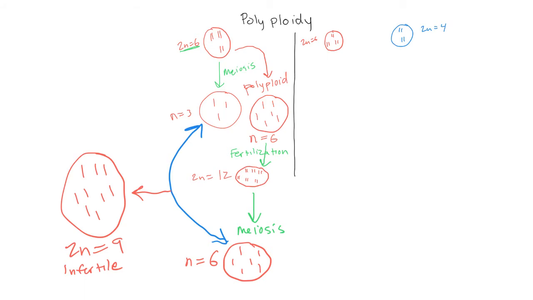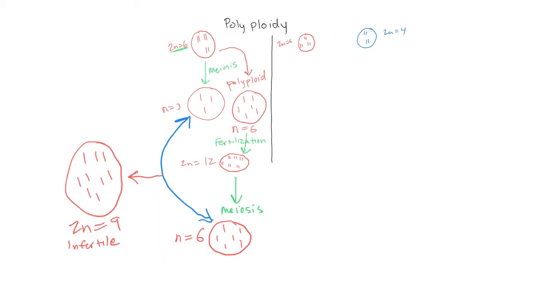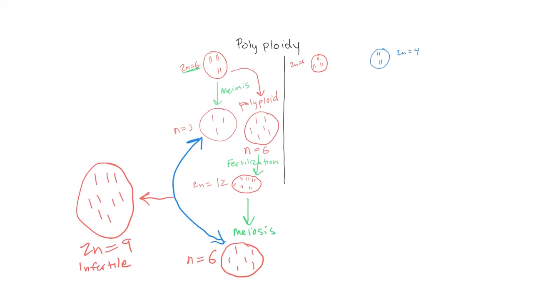All right, so through polyploidy, this is called autopolyploidy, it created a barrier to fertilization, and then a new species could arise from this. Autopolyploidy is one individual doubling its chromosomes.